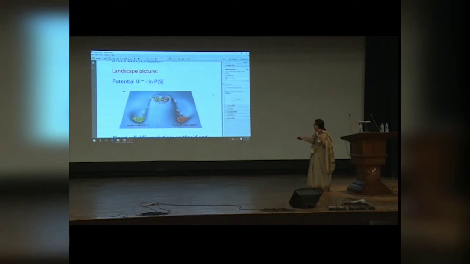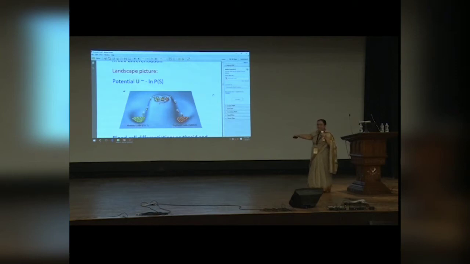This is the undifferentiated cell state, and these balls represent cell states. Because of fluctuations, they can wiggle around in this valley. By chance, say one cell state is located close to the periphery of the valley, then the slightest noise will make it fall down into this valley.